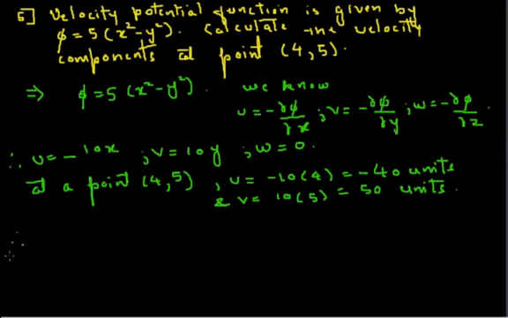Therefore, these are the velocity components u and v at point 4, 5. You can write the velocity vector in this form.